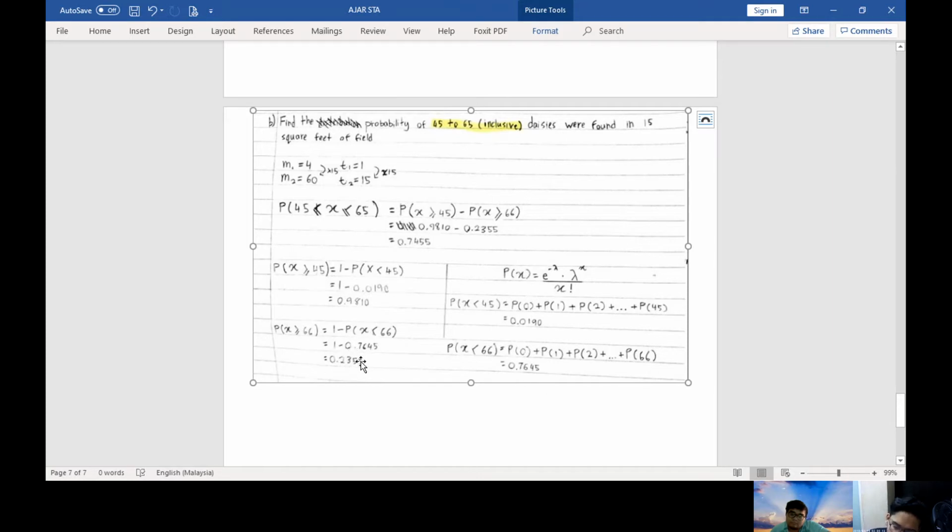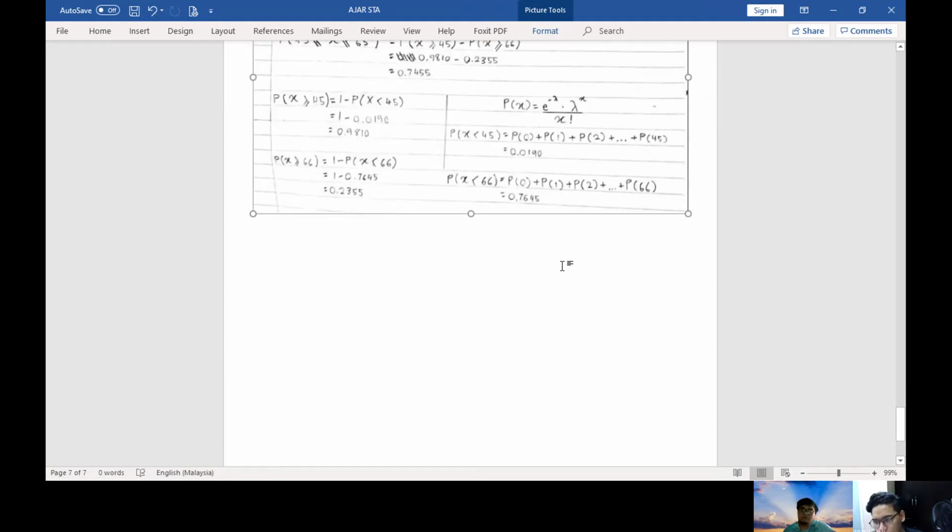Then you need to subtract it from 1, and you will get 0.2355. So we have 0.9810 minus 0.2355, and you will get the last answer, 0.7455. I think that's all for my question.